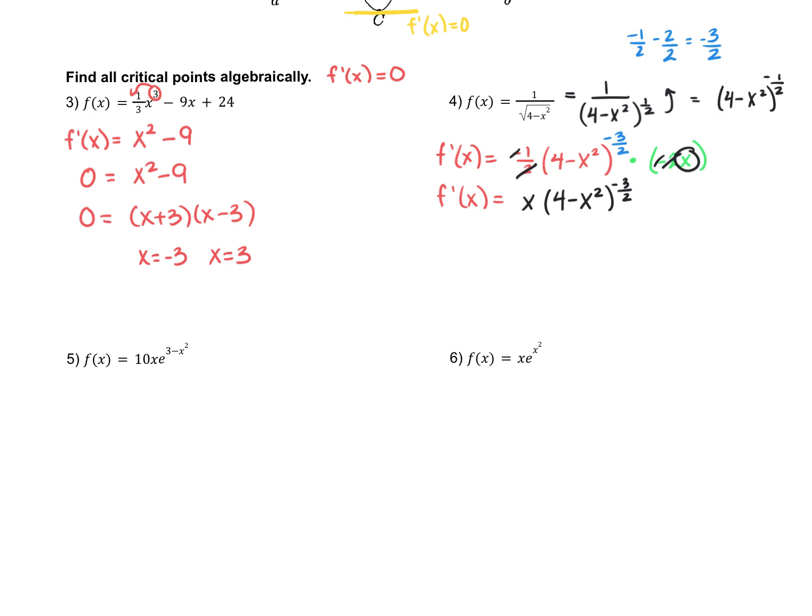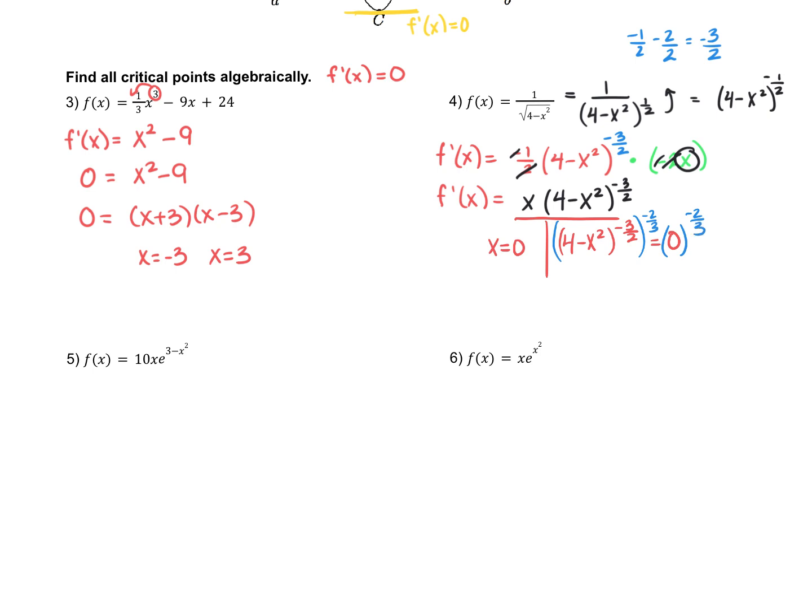Okay, so to solve this, it's a little different than the basic one. We're still going to do the same thing, kind of like a little bit of a t-chart. And we're going to say, okay, x equals 0 makes sense. And then we're going to set this whole thing, 4 minus x squared to the negative 3 halves, equal to 0, and kind of just solve this mini equation. Now, you have to remember that you can raise both sides to the reciprocal power.